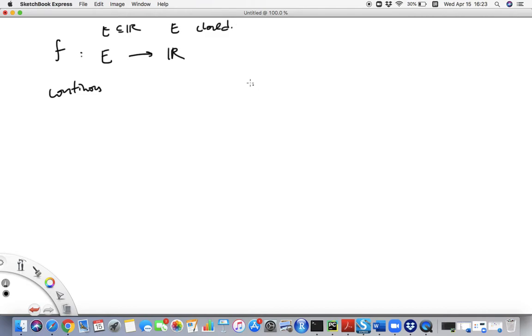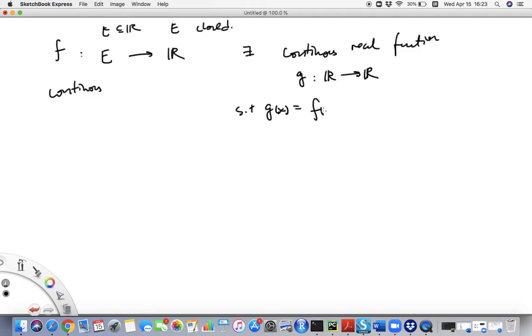Okay, so we want to show that there exists a continuous real function. So that's a function that goes from R to R such that g(x) is equal to f(x) for all x in E.